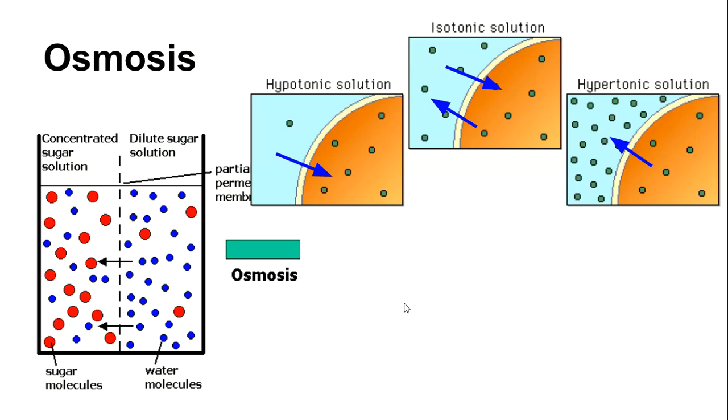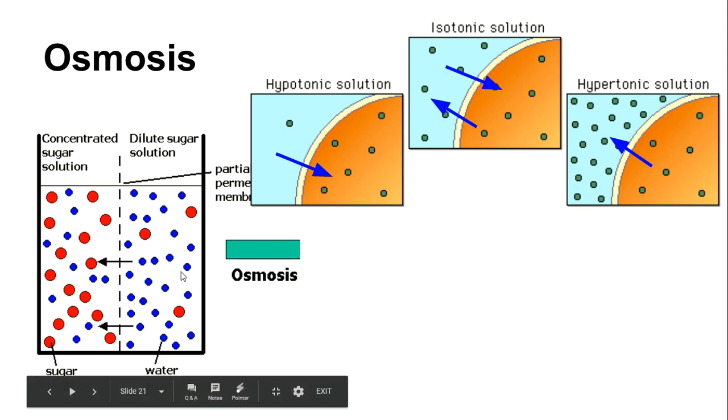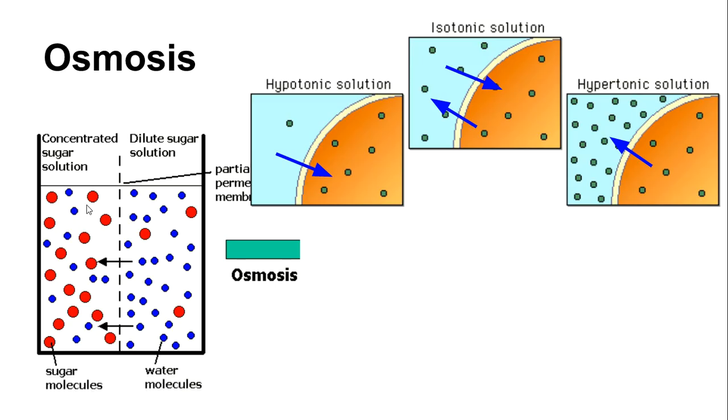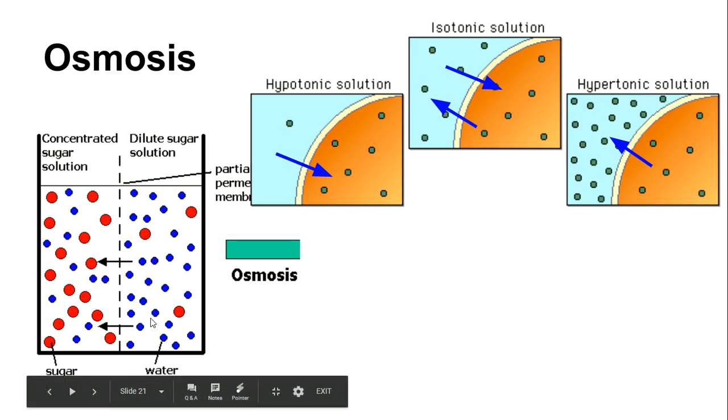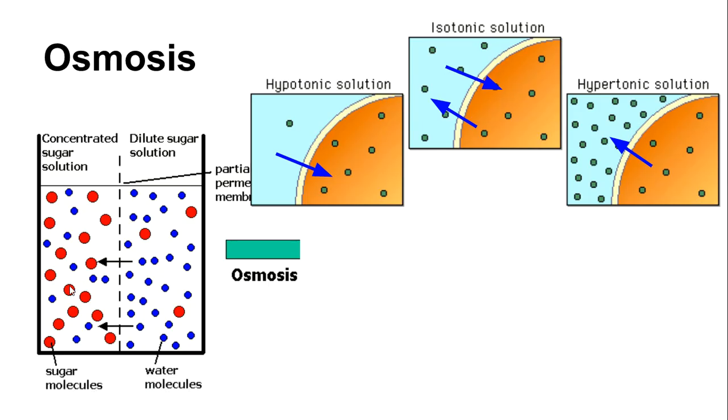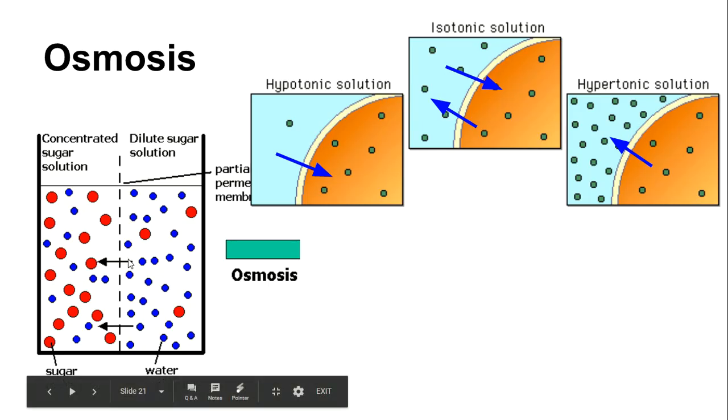All right, so specifically, osmosis. When we're thinking of osmosis, you should be thinking water transporting. Water molecules are always going to go where the concentration of solute is higher. They're going to chase the solute, trying to make this more dilute, trying to make this the same as that.